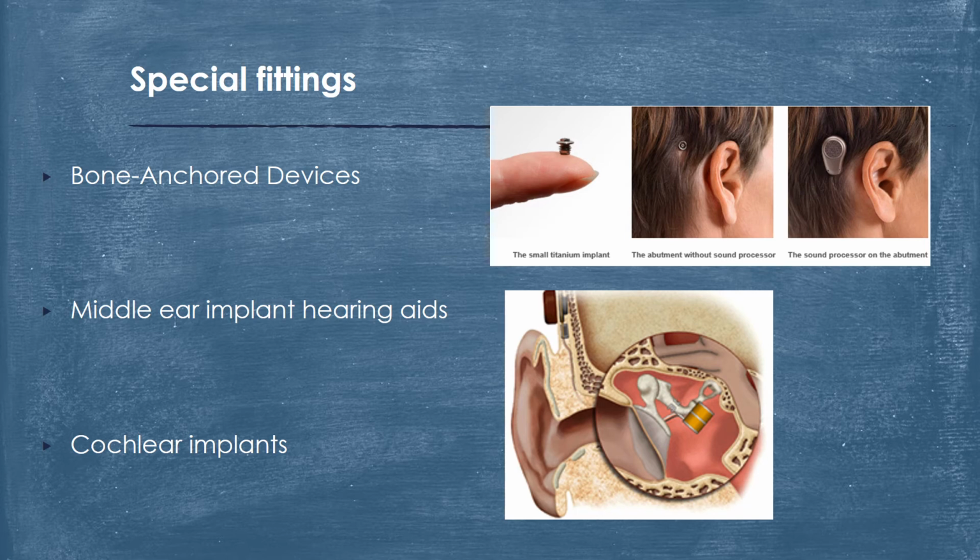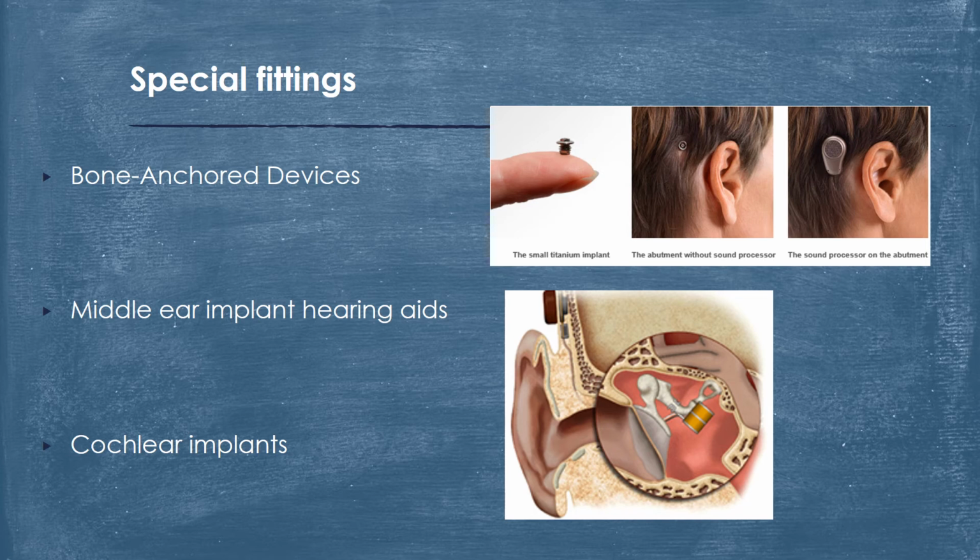It's actually pretty cool and provides sound directly to that inner ear or cochlea, bypassing the outer and middle ear. So people who get those usually don't have an ear canal or sometimes have chronic ear infections. You can also get one with a unilateral hearing loss. So there are actually several patients who may benefit from that.